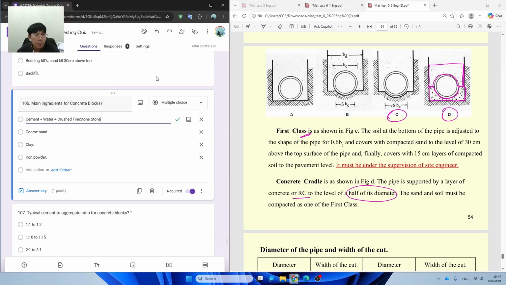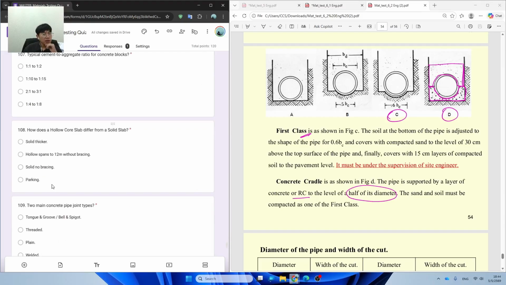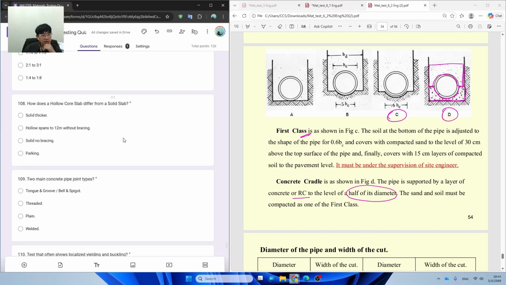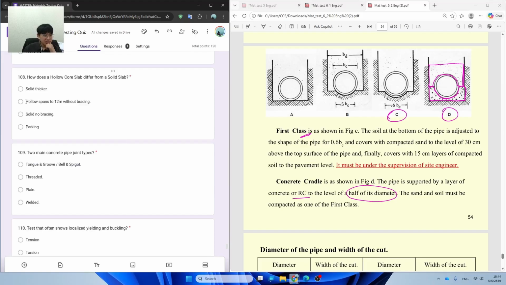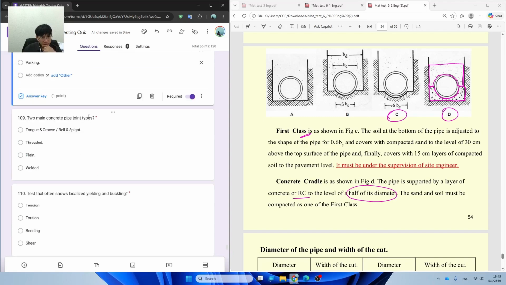Okay. And the ratio of grading is between 1.4 to 1.8. And how does a hollow core slab differ? What is the difference of the hollow core slab compared to the solid slab? It's just that the hollow core slab can expand the span up to 12 meters without bracing.